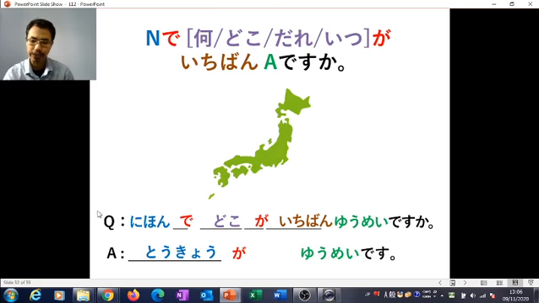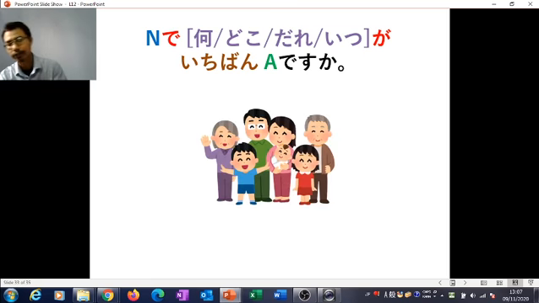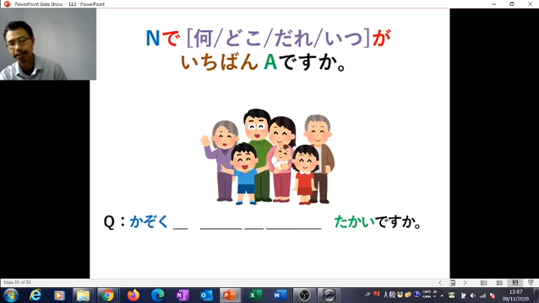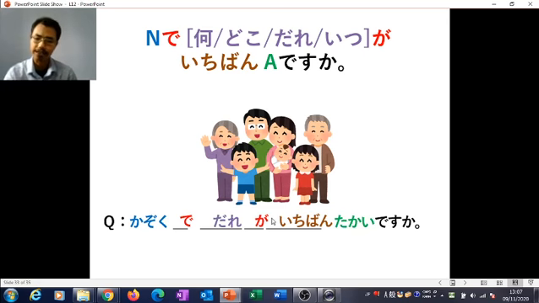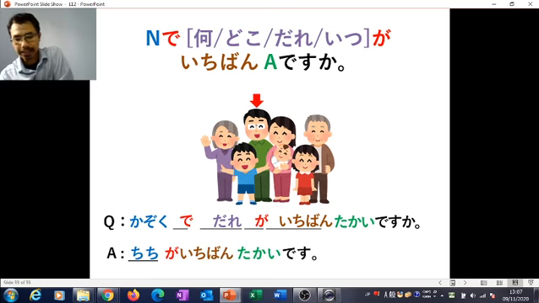When you are dealing with location, you need to change the question word into どこ. 東京が一番有名です. Or if you are asking a question related to a person, you need to use the word 誰. 家族で誰が一番高いですか, who is the tallest among your family members? 父が一番高いです.